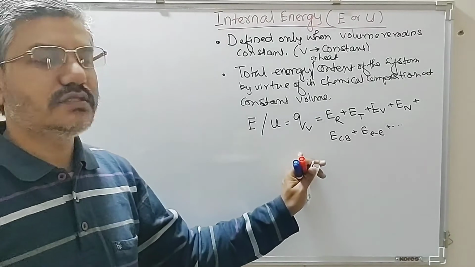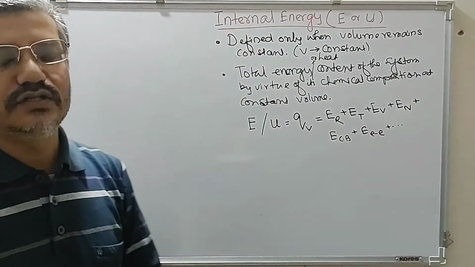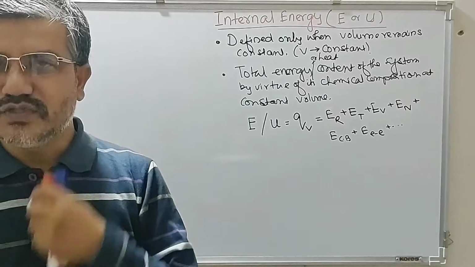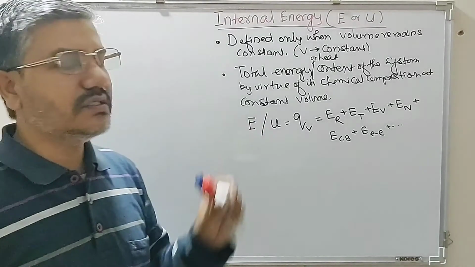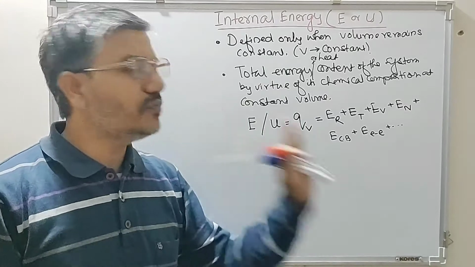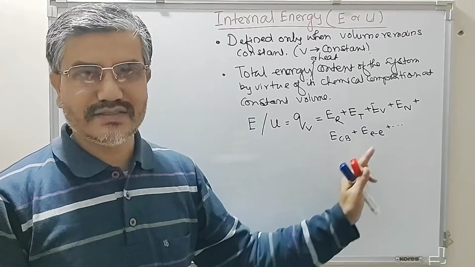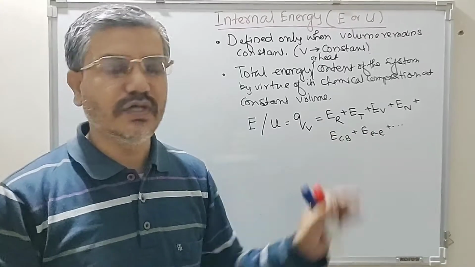This total energy is what we call the internal energy. Now, as we told you, the total energy contains, we have to include all possible energies that we can find inside the system.